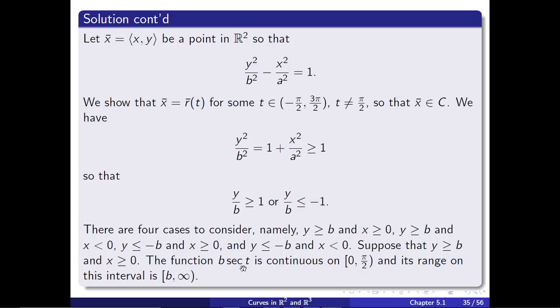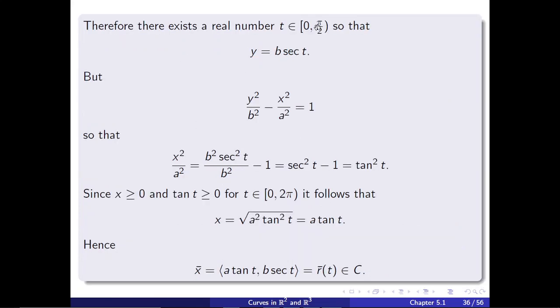Then the function b sec t is continuous on 0 to pi over 2, and its range on this interval is from b to infinity. Therefore there exists a real number t between 0 and pi over 2 so that y is equal to b sec t.